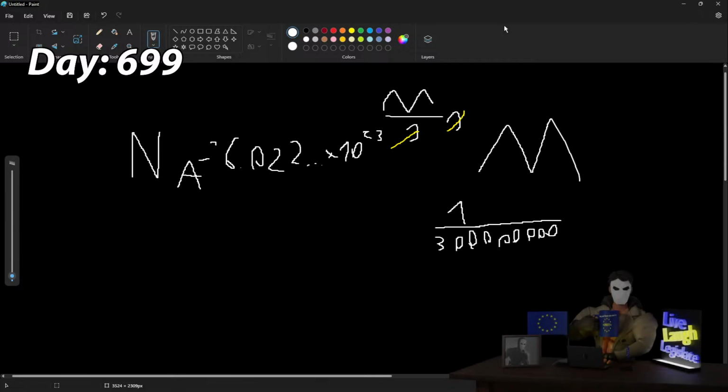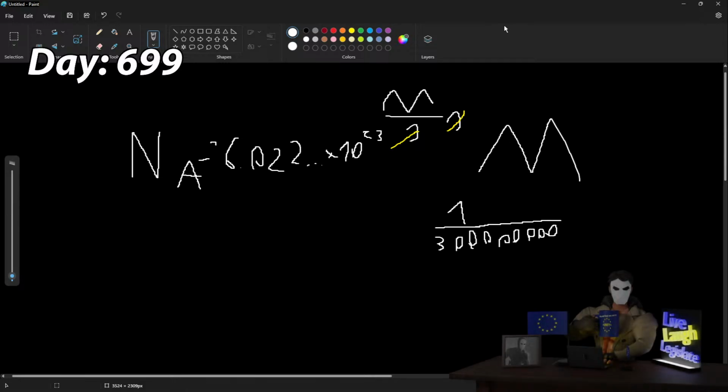Now, all the chemists in the chat, what is the physical constant defining the mole? Because for time we have cesium oscillation, for length we have speed of light, for amperes we have the elementary charge, we have all of these physical constants. What is the physical constant defining the mole?